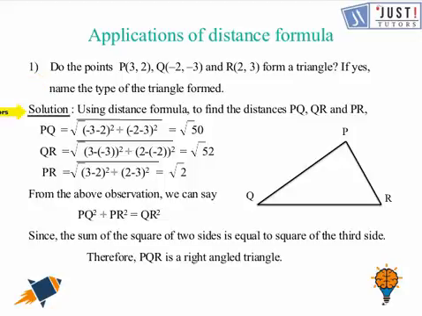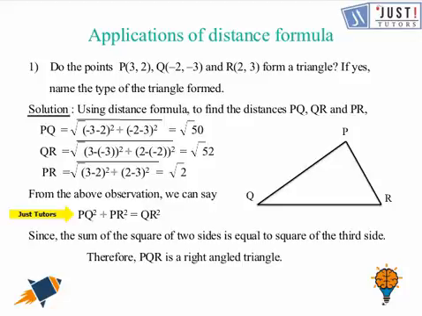So in the solution, we see that first we need to find the distances PQ, QR and RP so that they form a closed shape. We find the value of each. PQ comes out to be square root of 50, QR is square root of 52 and PR is square root of 2. Observing these answers, we see that we can write PQ squared plus PR squared equals QR squared.